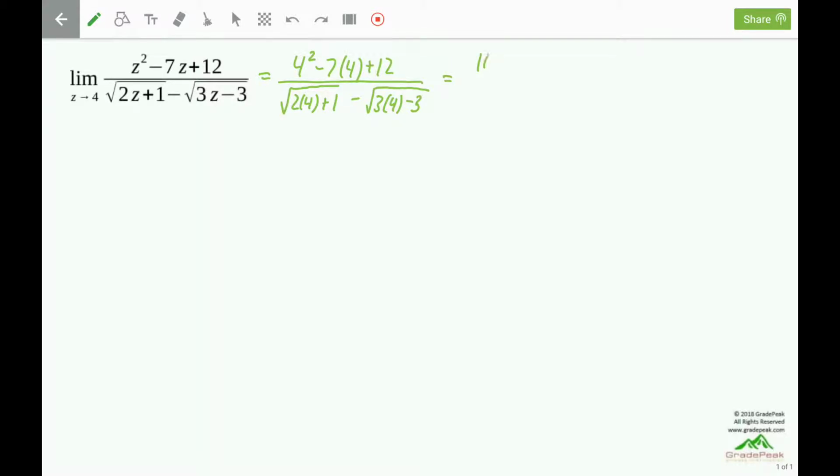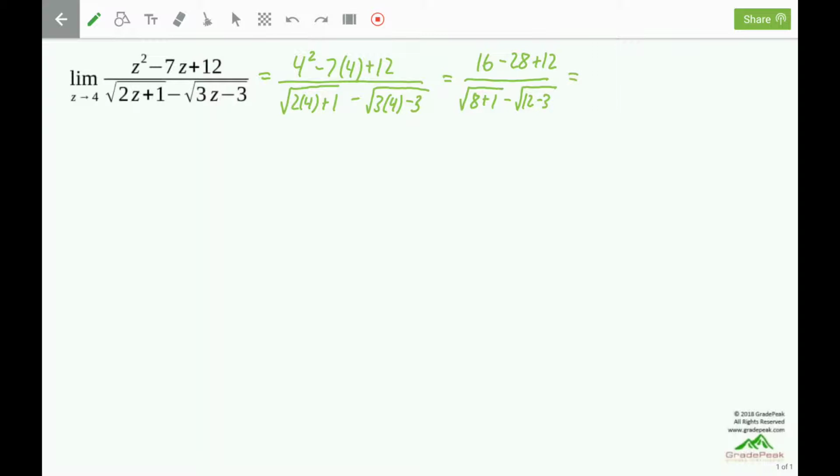In the numerator, 4 squared is 16. Negative 7 times a 4 is a negative 28 plus 12. In the denominator, 2 times 4 is an 8 plus a 1 minus, and 3 times 4 is a 12 minus a 3, each of those under the roots.